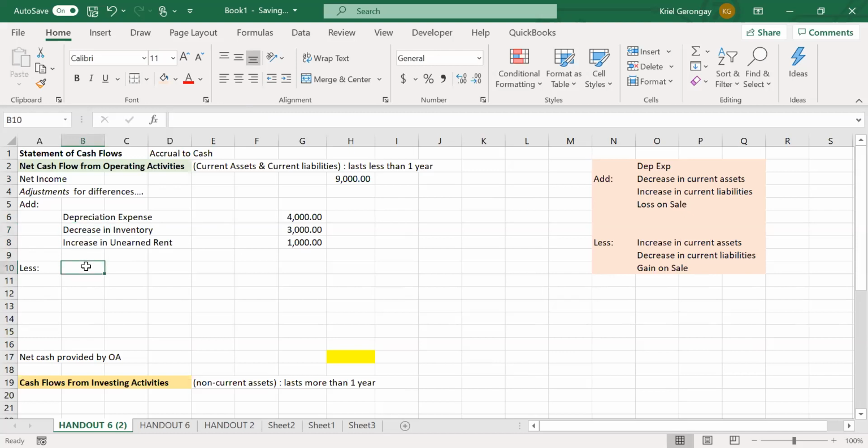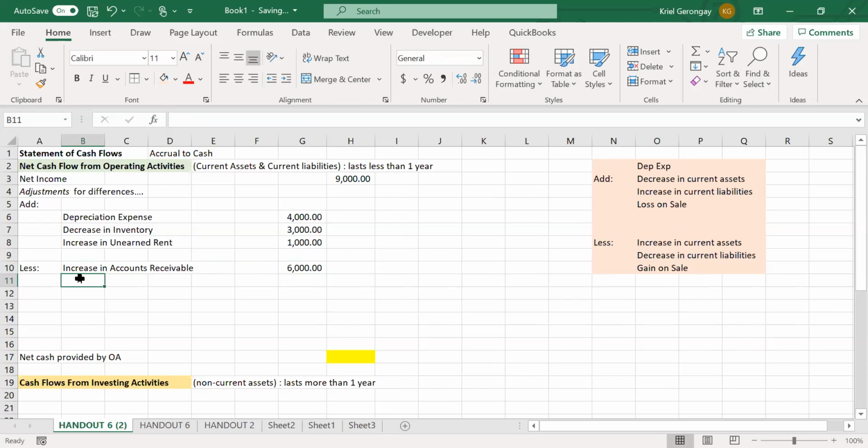And so we're gonna go back to our current assets. Earlier, we know that our accounts receivable increased by 6,000. And since accounts receivable is a current asset, we're gonna have to less it. So increase in accounts receivable by 6,000. And also the same thing for supplies.